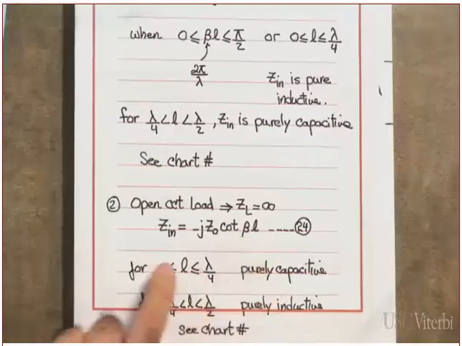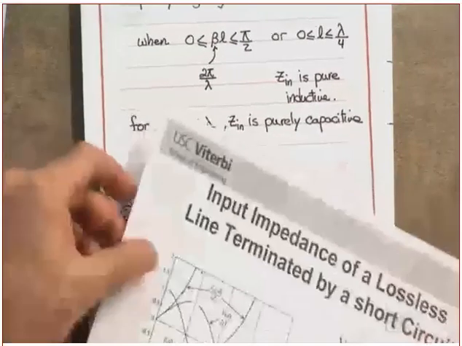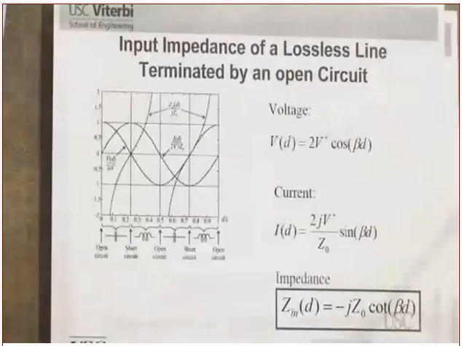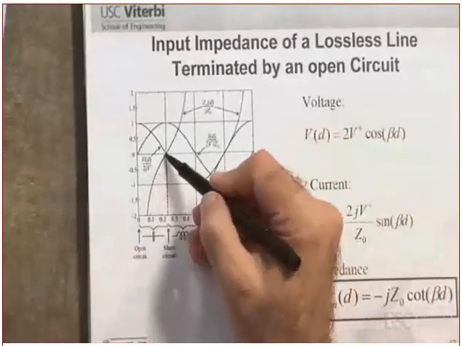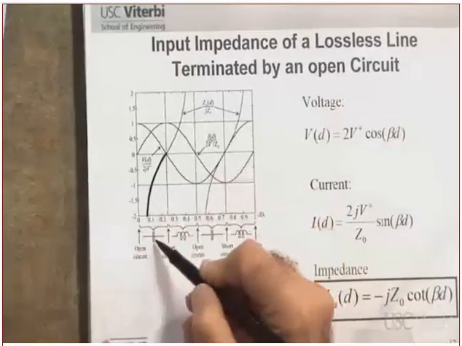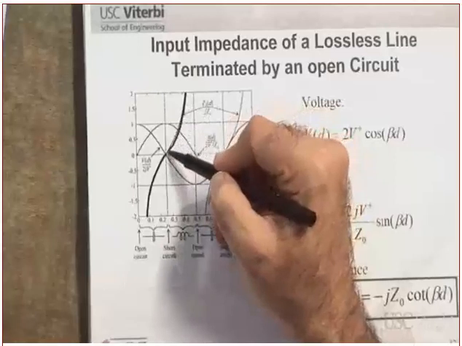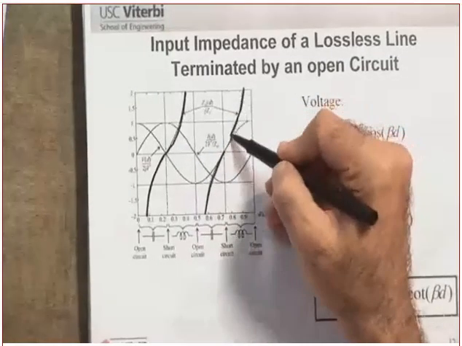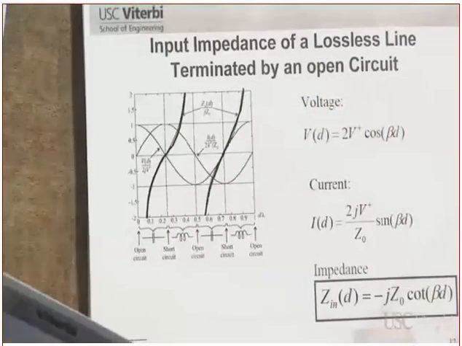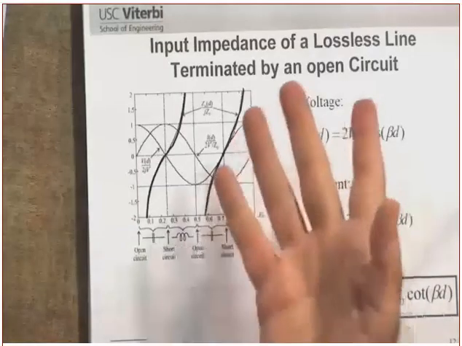Okay, good. So in this one, by the way, it's the other way around. If you look at the impedance here for the open circuit, what do you notice? In here it is a capacitor, in here an inductor, in here a capacitor, in here an inductor. Did you get this or not? Now, what does that tell you?